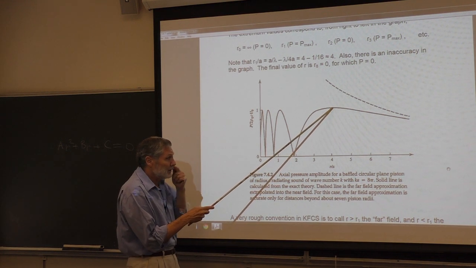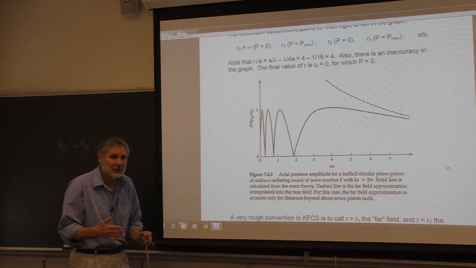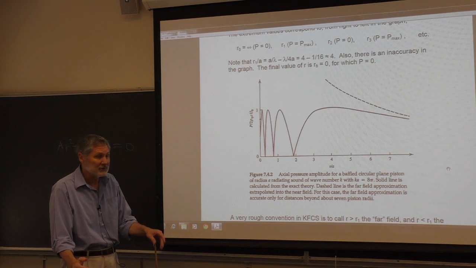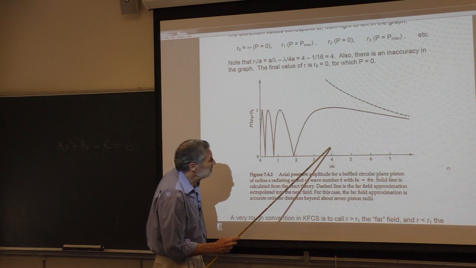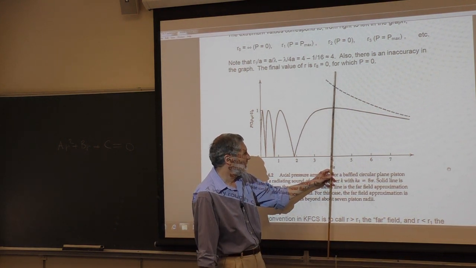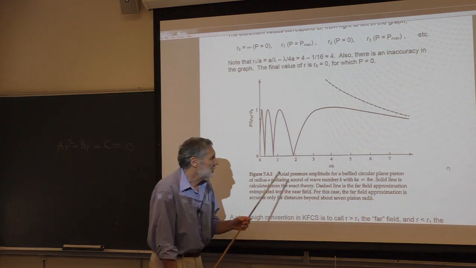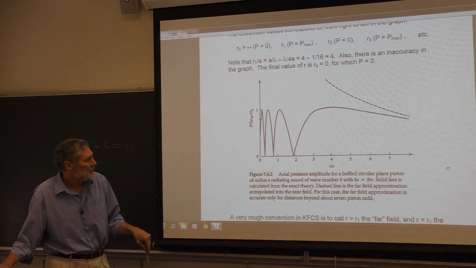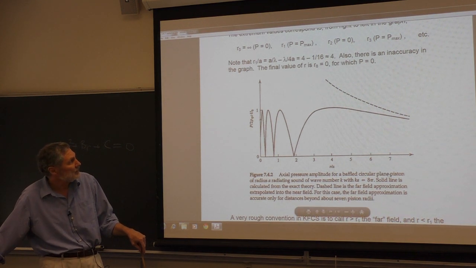So to have a far pressure field that behaves simply, which is what we would like and which often happens in practice, we have to be beyond this value. KFCS labeled the demarcation as this. Let me give you the value here.